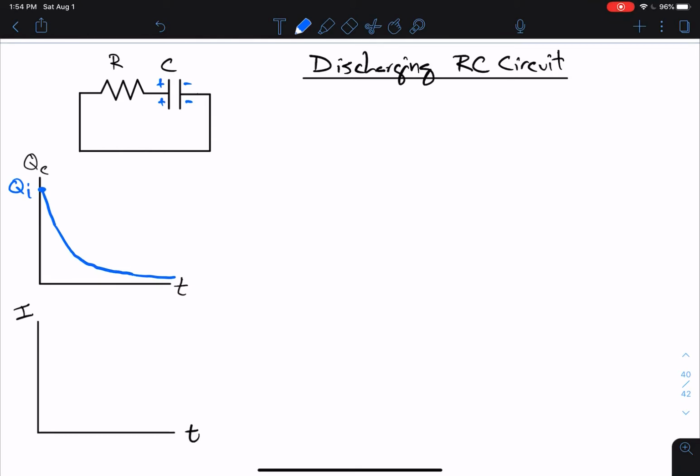Now let's look at this using the loop rule. So for the loop rule, I'm going to go counterclockwise. So that means my current, in this case, I'll draw my current this way. Now I'm going around like this, so I'm going from negative to positive.